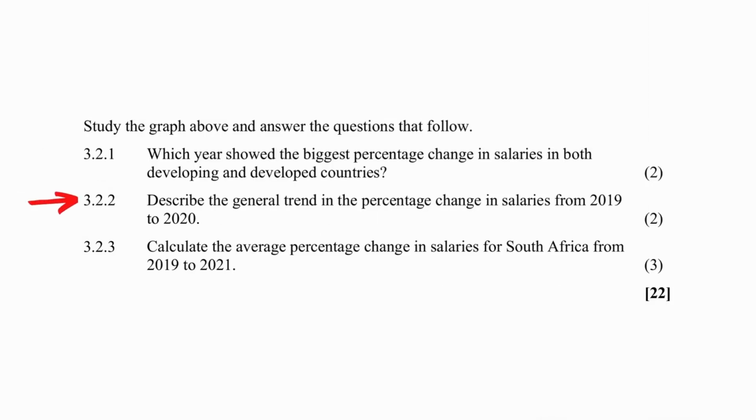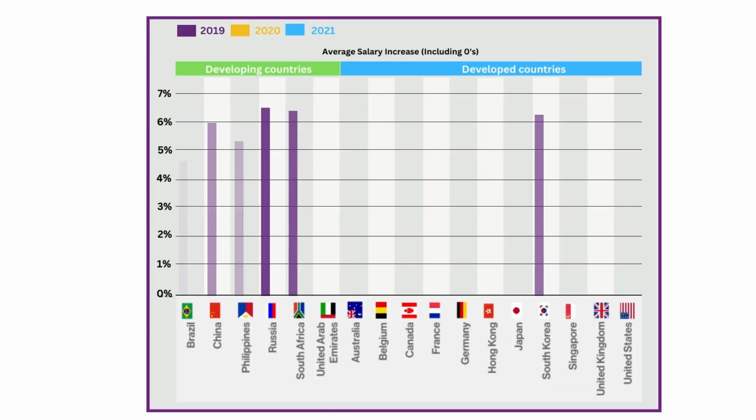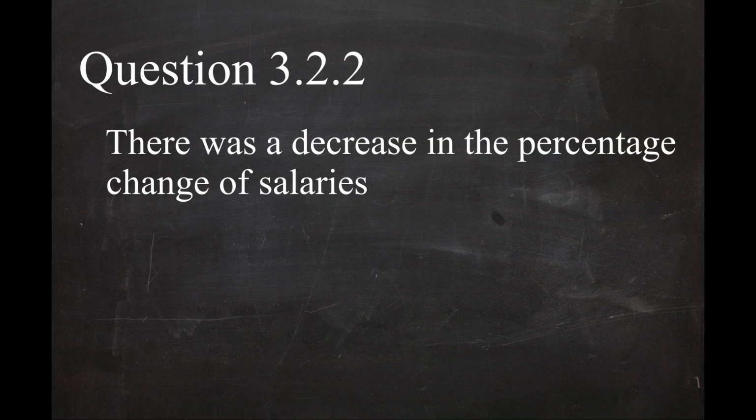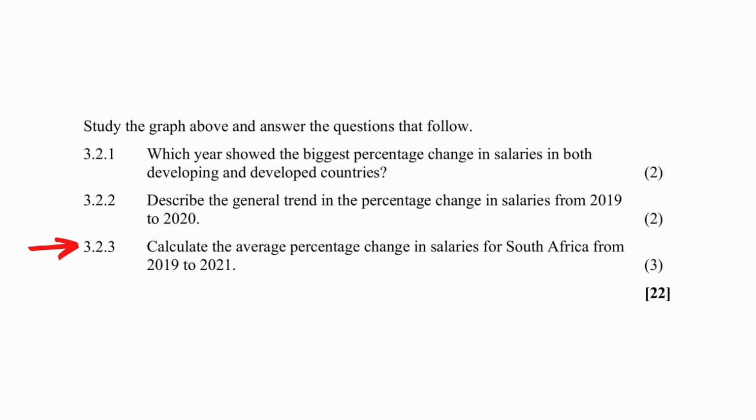In question 3.2.2, you are asked to describe the general trend in the percentage change in salaries from 2019 to 2020. From 2019 to 2020, there was a decrease in the percentage change of salaries. In question 3.2.3, you have to calculate the average percentage change in salaries for South Africa.